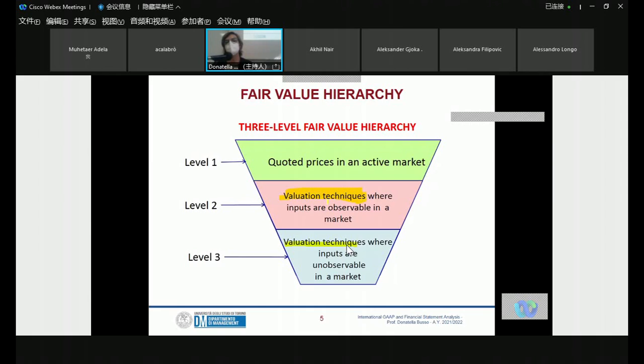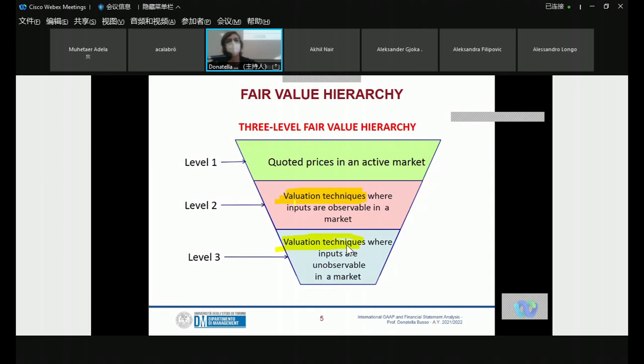When we determine the fair value using valuation techniques, the problem in many cases is not the techniques. Present value, for example, of the future expected cash flow. Present value is a very simple technique. The problem is not the technique, that is a mathematical formula, but the input that we use for that formula.